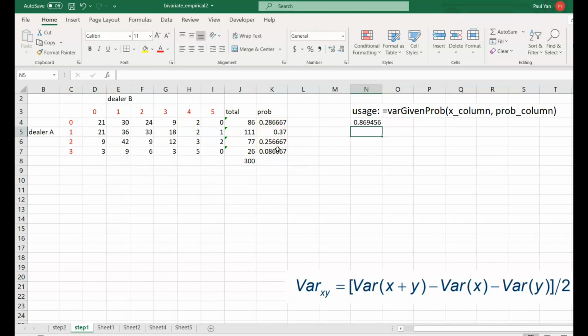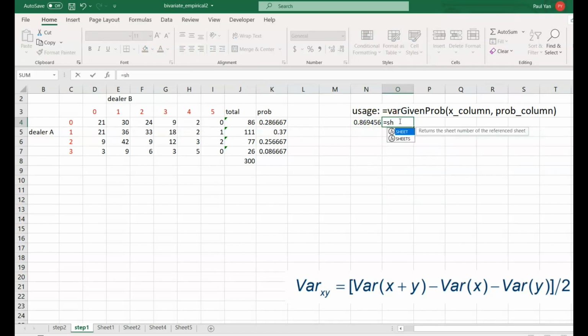Okay, so this is our value at risk. Sorry, this is our variance. So let's show formula. Show formula is not available. Okay, so this is this formula. So let's look at this one.